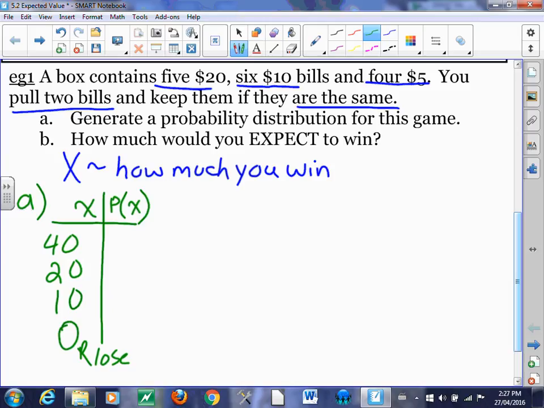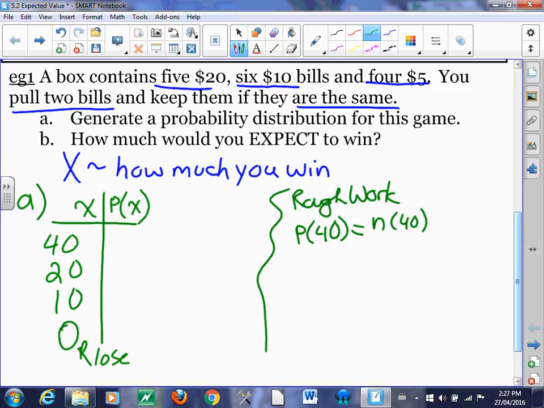Now we need to use the sideboard over here to do some rough work, because we've got to do some probability stuff here. What's the probability of getting $40? Well, it's the number of ways we can get 40 divided by the total number of ways. How do we figure that out?